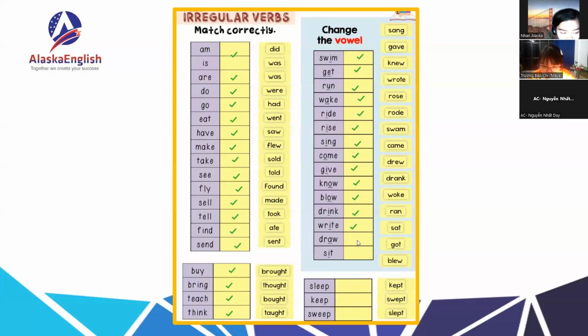Draw, drew. Sit, sat. Sleep, slept. Keep, kept. Sweep, swept. All right, good.